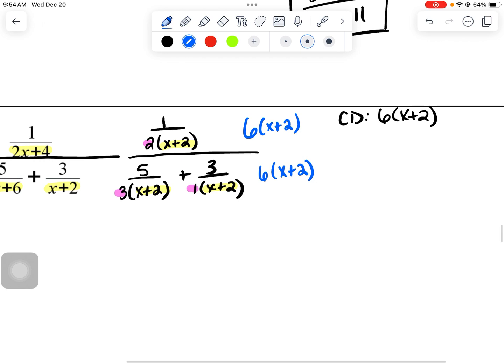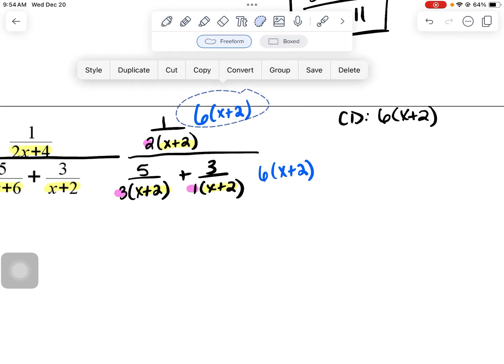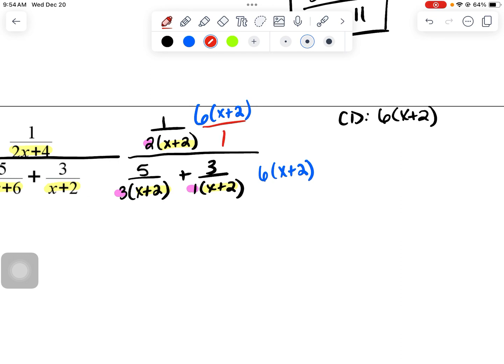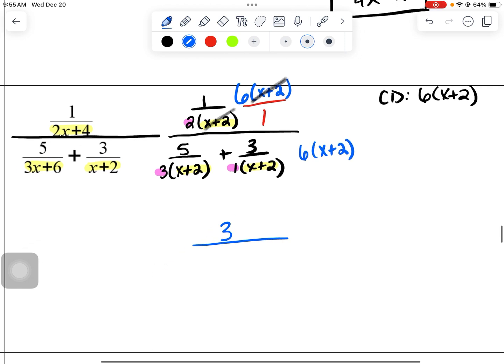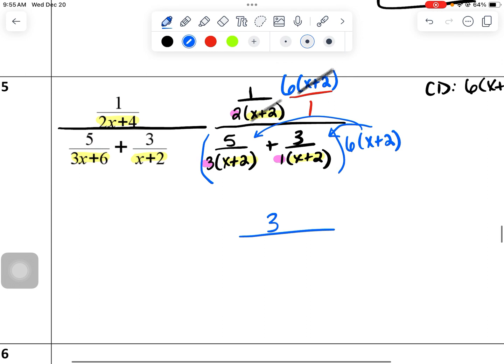So I'm multiplying both the top and bottom of the complex fraction by the same thing. And then on the top, remembering that it's over 1, I can combine these. They then have a common factor of x plus 2. And then I am left with just 6 over 2, which simplifies to 3. Then here, I need to distribute this to both.